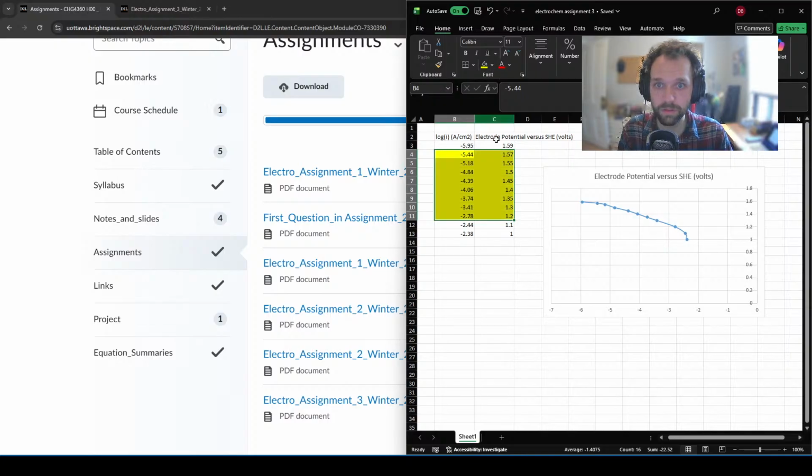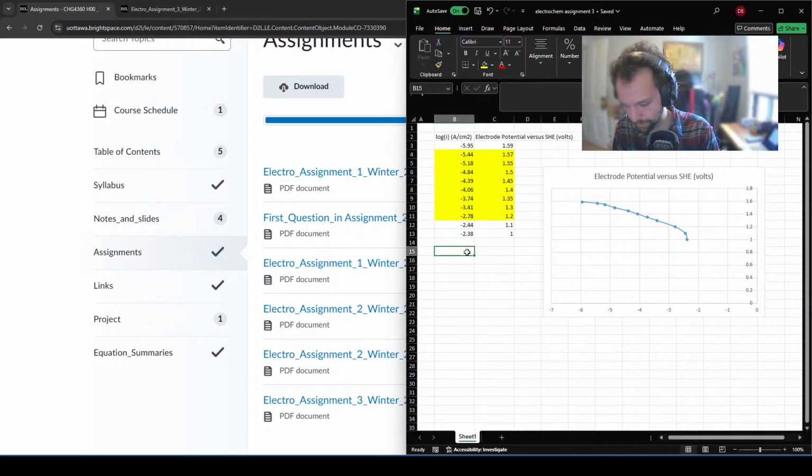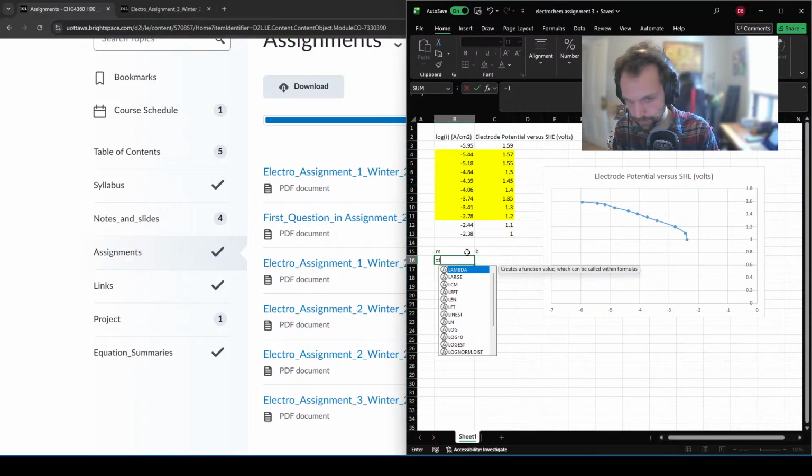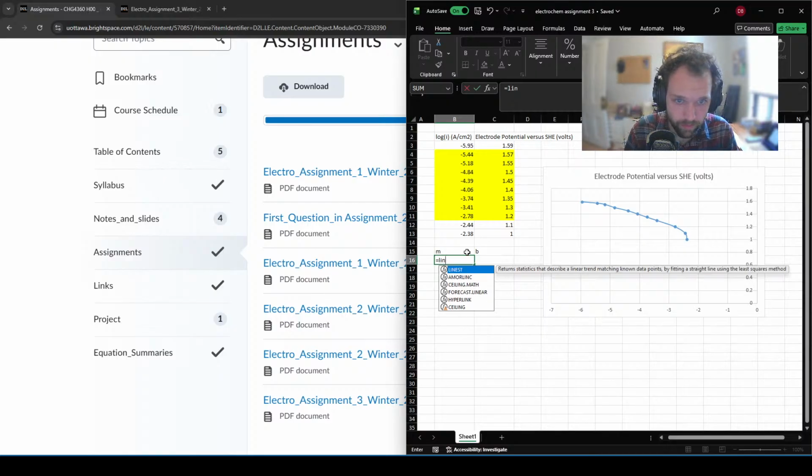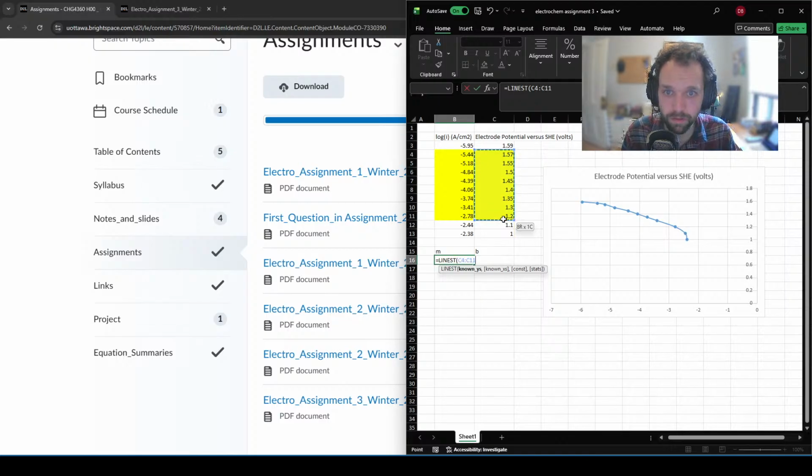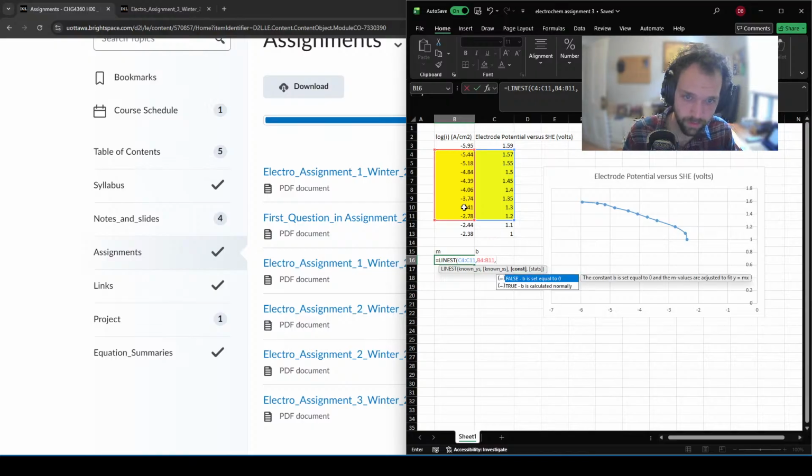That should be our region. LINEST. Known y's. Known x's. B is calculated normally.